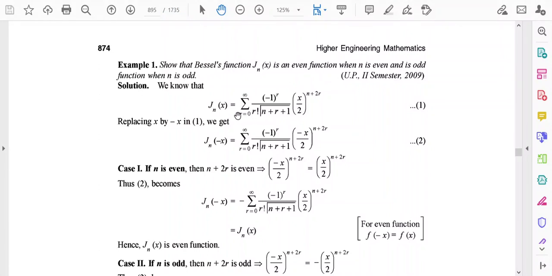So we have already learned that this is the expression for Jn(x), and if we put minus x in place of x, this will become Jn(minus x), and in the right hand side also you have to write minus x in place of x. So this is the expression for Jn(minus x).